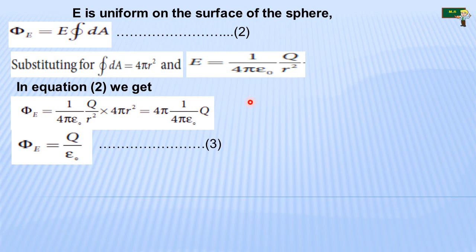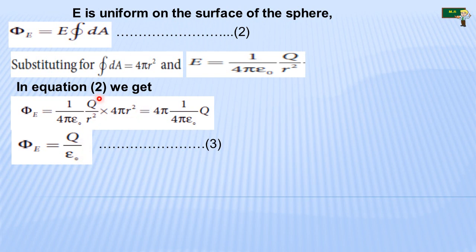From equation 2 we get phi E is equal to 1 by 4 pi epsilon 0 q by r square into 4 pi r square. If you substitute the value of E, 1 by 4 pi epsilon 0 q by r square, in this equation, then we can cancel the 4 pi and r square.